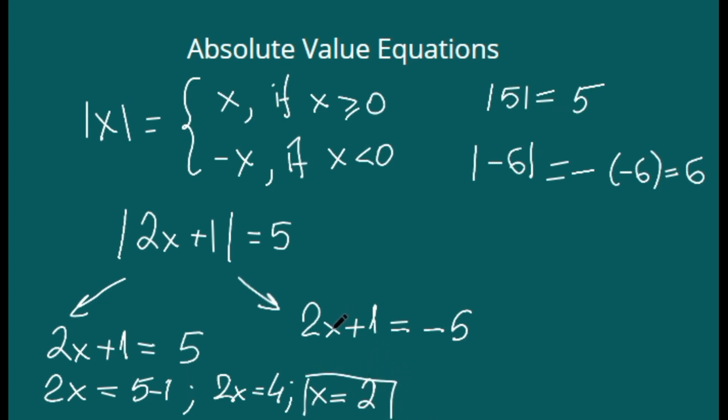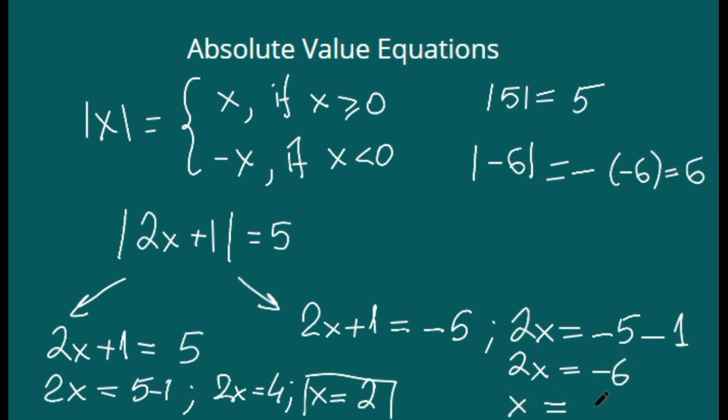Let's solve the other equation. 2x equals, we transfer plus 1 to the opposite side with the opposite sign, so it will be minus 5 minus 1. 2x equals minus 6 and x equals negative 3.